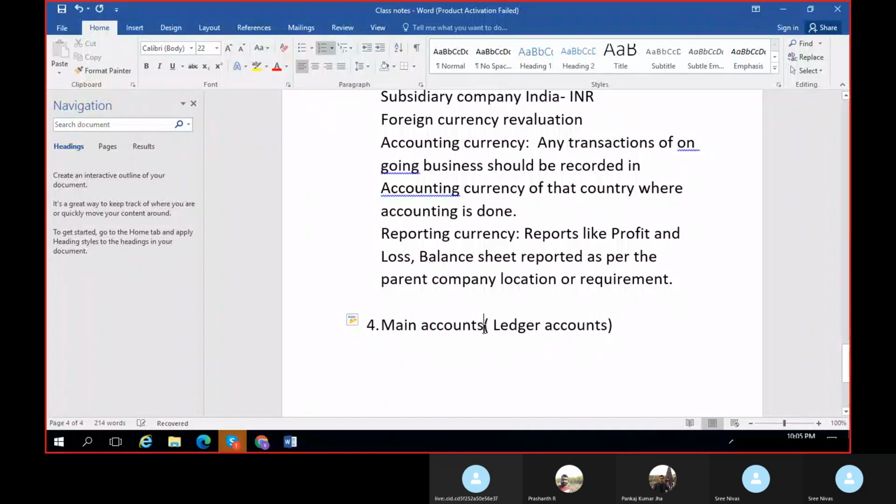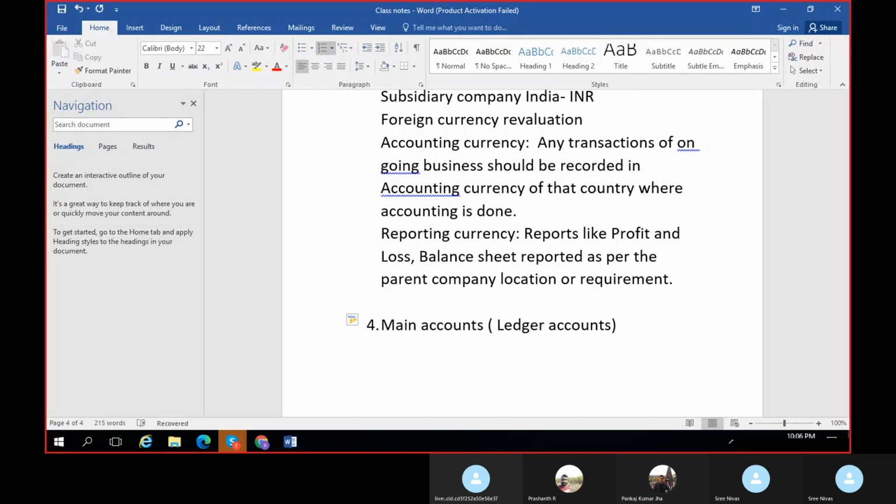The most important thing to remember in configuring main accounts is to define the category under which that particular main account falls. If it is a rent account, which is an expense account, you will have to configure it as an expense. If it is P&L related, you give P&L.